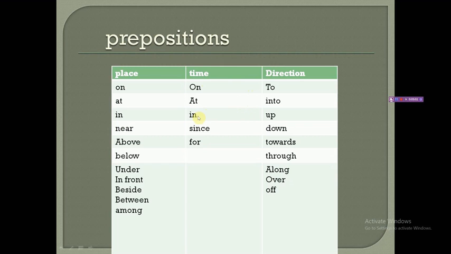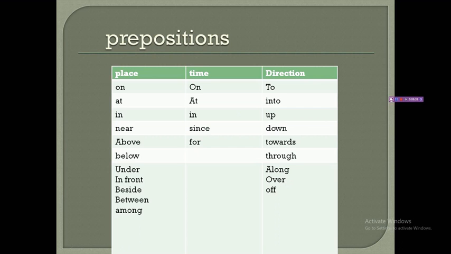In. She will be back in an hour. In the previous lecture, we have seen the use of since and for. For example, he has been doing that work since 9:30. Since is used to tell about the starting point of some action.